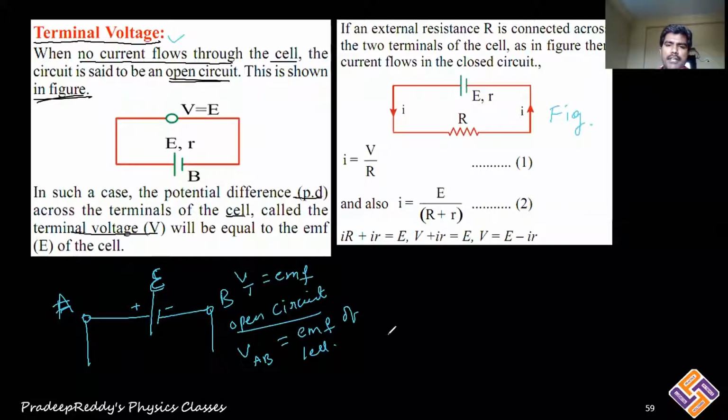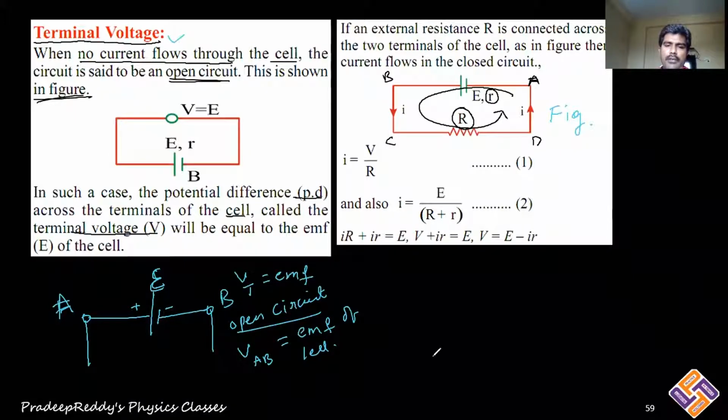See in this figure, we have one cell connected with an external resistor. There is also one internal resistor with a smaller value, and this cell is offering some EMF E. Now start from this point, A, B, C, D, A. Use KVL.